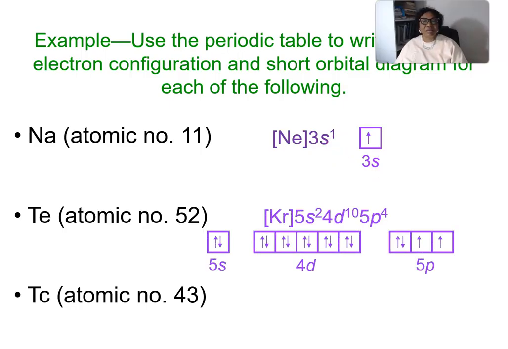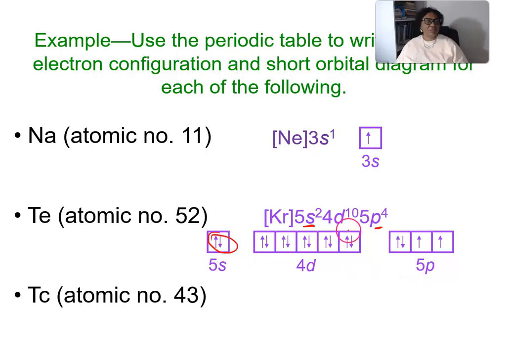Let's look at Te, atomic number 52. So this is the electronic configuration. The noble gas before is krypton. Then we have 5s. Then we have 4d. Then we have 5p. So it has valence electrons, the ones here, 2 and the 6. Valence electrons are 6.